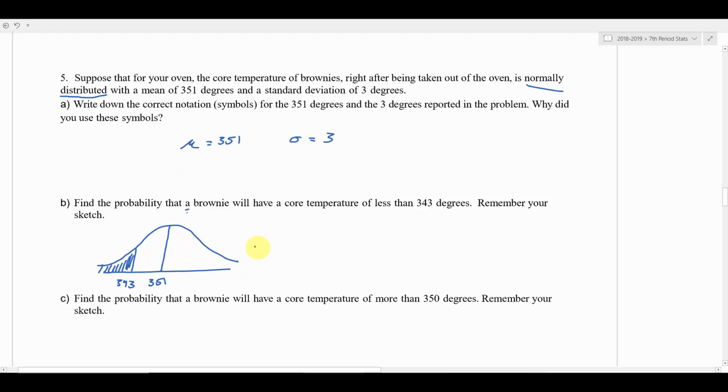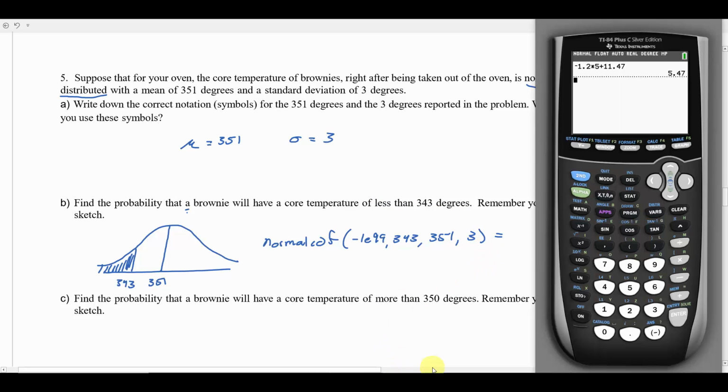So we're going to say normal CDF, and we're going to do negative 1E99, comma 343, comma 351, comma 3. So it goes left bound, right bound, mean, standard deviation. Then we go to our calculator and crunch the numbers. We go second bars, normal CDF.